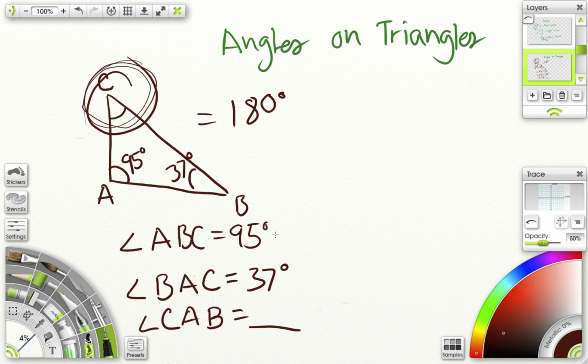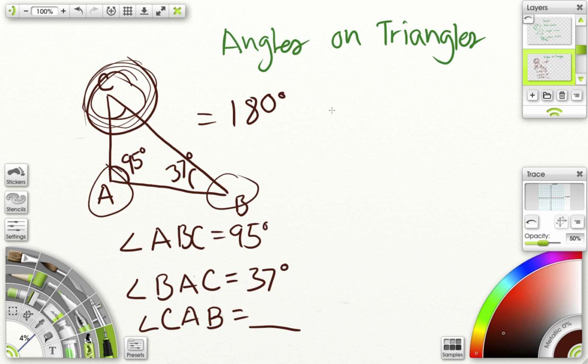Don't worry too much about the order of the other ones. First and foremost, just make sure that this first letter is the one. So this would be angle A, angle B, and angle C. Usually you'll see 2 other letters after it because it's referring to the entire triangle, but just make sure that letter is the first one. So I'm looking for this angle CAB, or angle C.